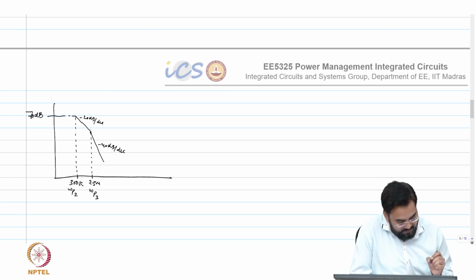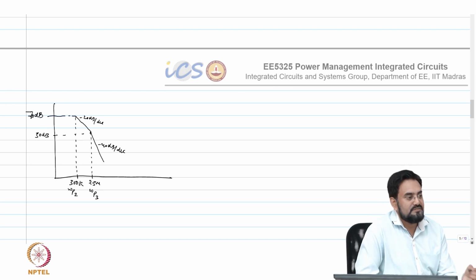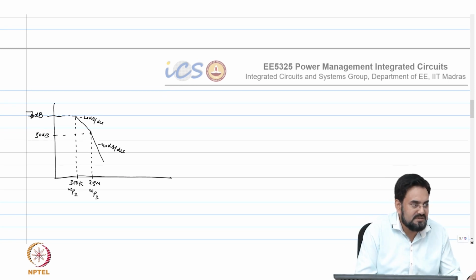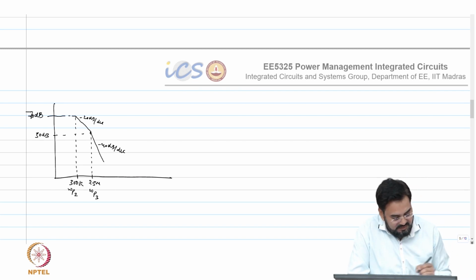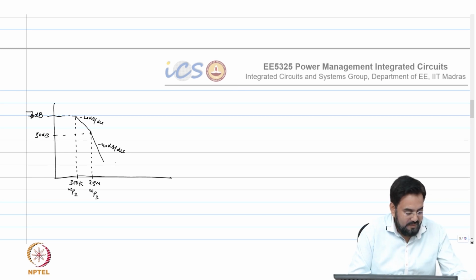When you hit the second pole, your gain will be close to 50 dB, because it's almost 1 decade away. So 70 dB minus 20 dB. Now with minus 40 dB per decade, you have to drop 50 dB. How much frequency do I have to travel from there?